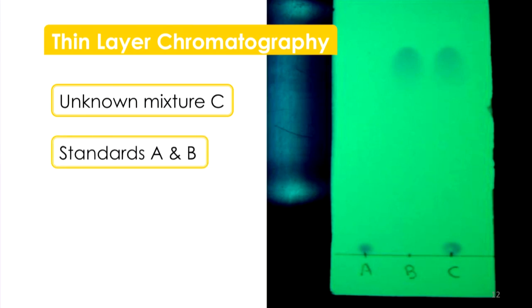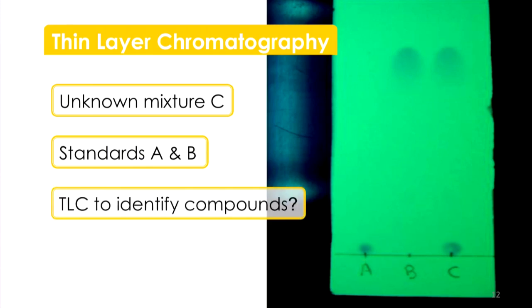So compound A, compound B, we know what they are, we have spotted them on the TLC plate, and we can see that the two spots in lane C correspond to compounds A and B. Does this mean that we can use TLC as a technique for identifying compounds?